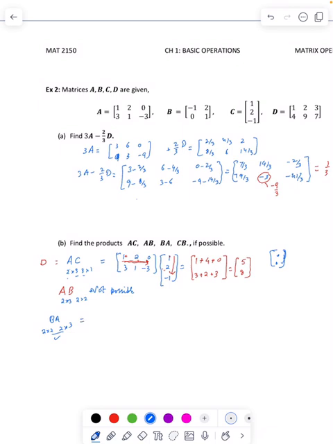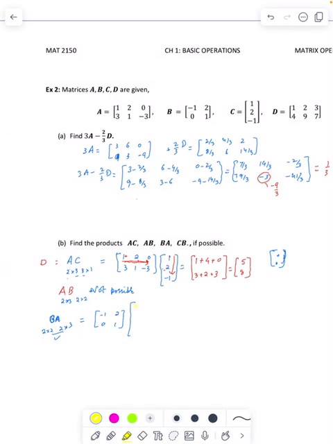So BA will be equal to, so I'm going to write B, negative 1 2 0 1, and then A. So always remember, whatever is on the left, you put that matrix first, and then whatever is on the right, that matrix on the right. Now you cannot reverse them.